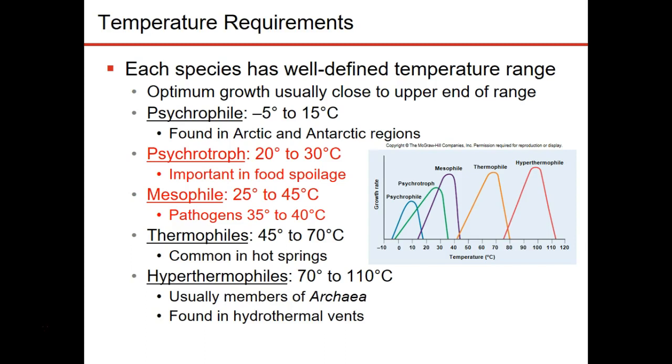Temperature requirements. We have bacteria that can grow most effectively in very cold environments. So these would be found in polar ice caps. Psychrophiles grow at very cold temperatures, whereas psychrotrophs can grow at cold temperatures, but their most effective growth is going to be at around 20 to 30 degrees Celsius.